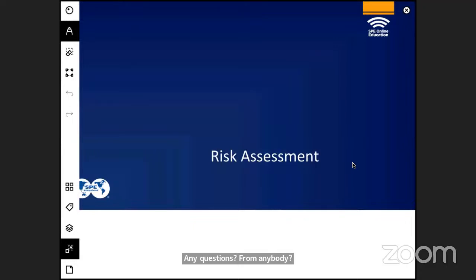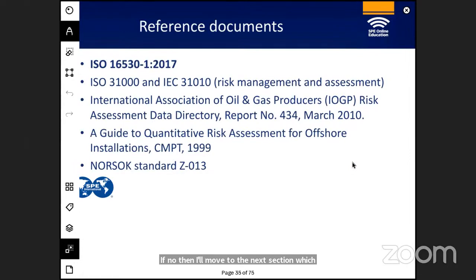If no, then I'll move to the next section, which is the risk assessment. These are some reference documents. ISO 16530, which is the ISO standard for well integrity during construction phase and operation phase. The other ISO is 31000 and IEC 31010, which are for risk management and risk assessment respectively.